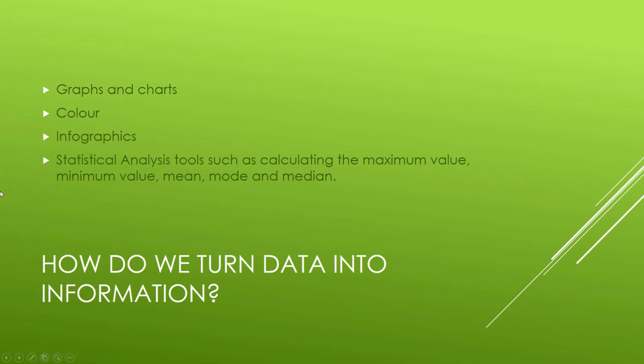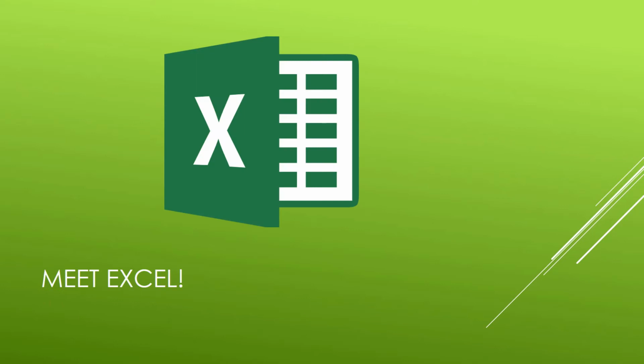So these are great little things to think about when you're wanting to make sure that you're really giving meaning to the data that you're working with. So the tool that we're going to use to do that is Excel, and it's a really powerful application that's part of the Microsoft Office suite. So Word, PowerPoint, same sort of thing.